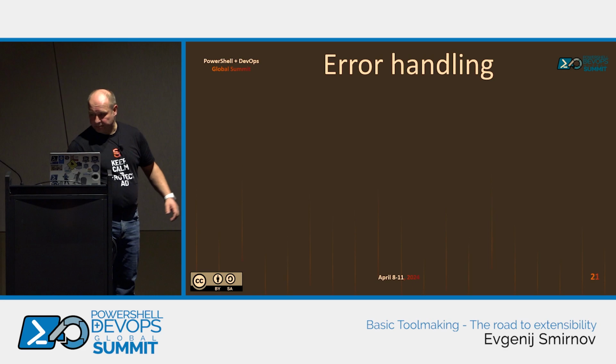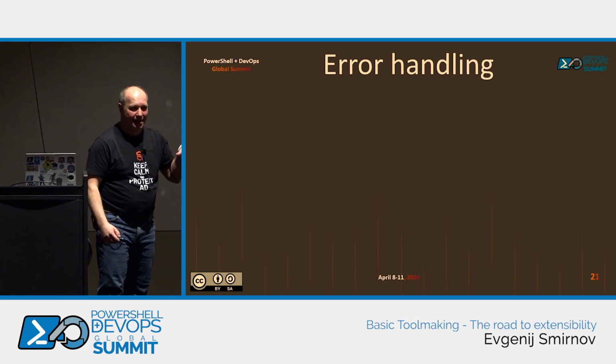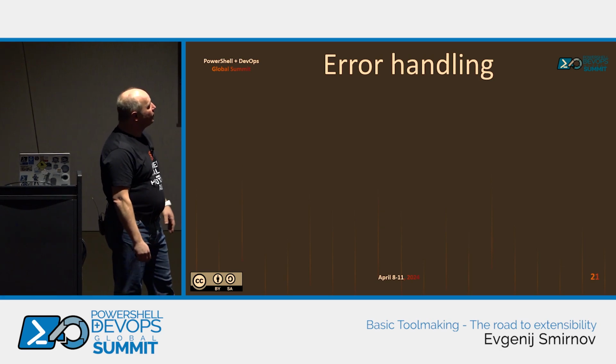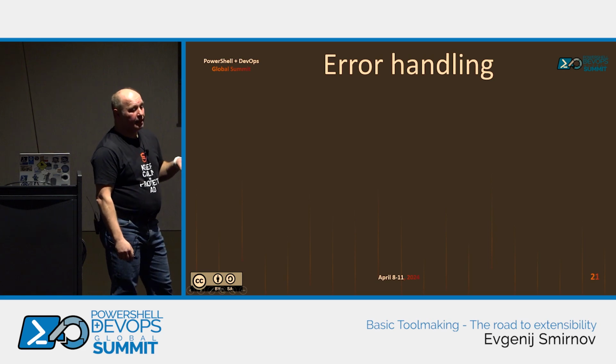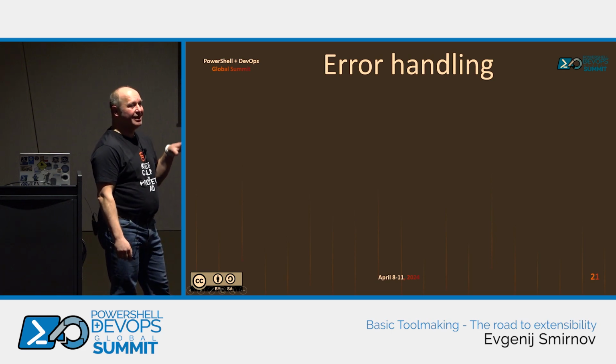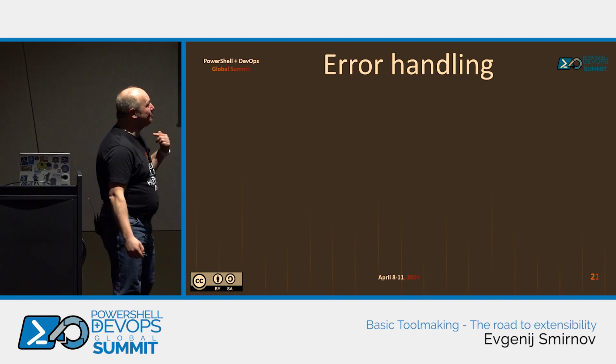Last thing, error handling. Of course, we should have error handling in our tools. We all know that, and try catch and all that stuff. But usually you will not get meaningful feedback from the field about the errors that you've caught, about the errors that you think about that they may happen.